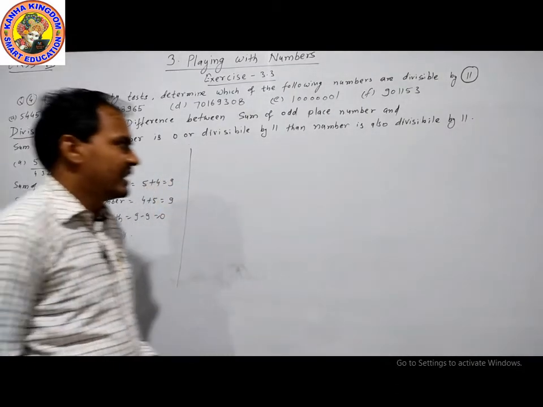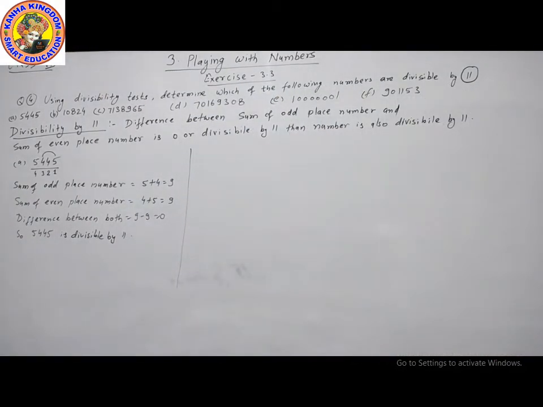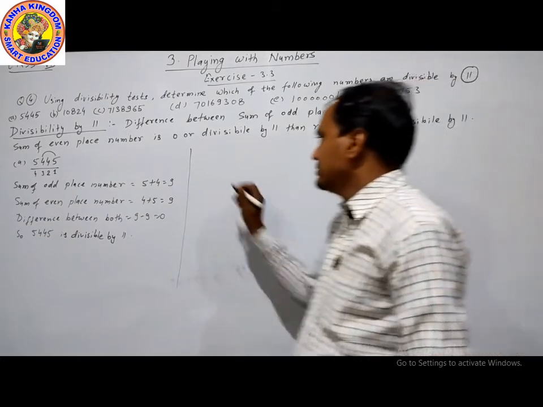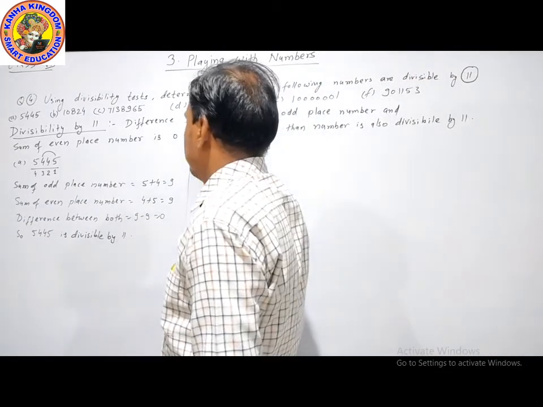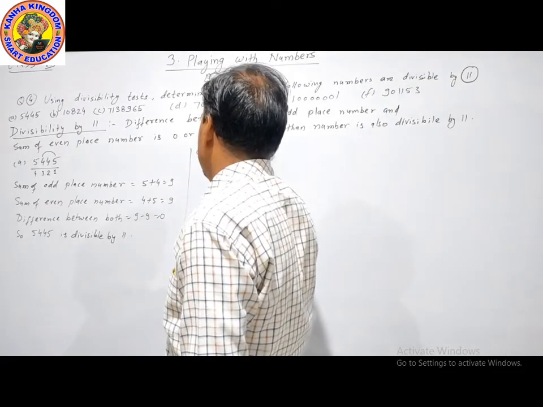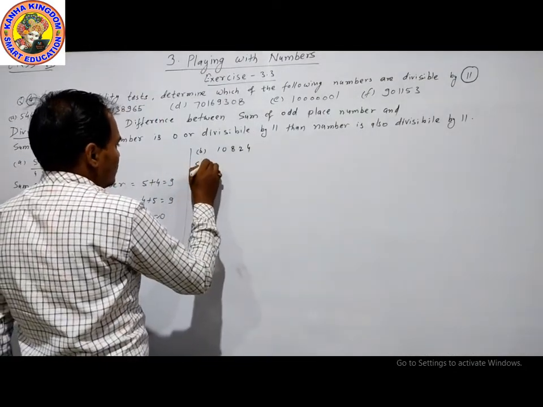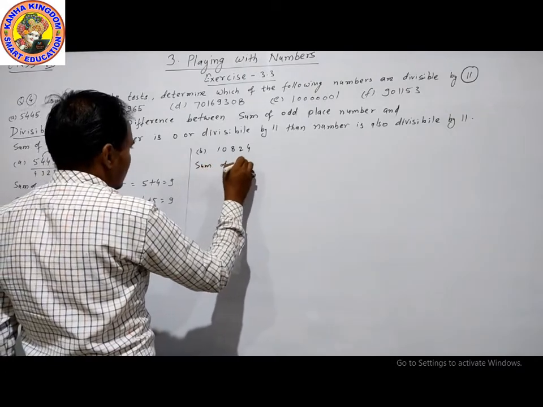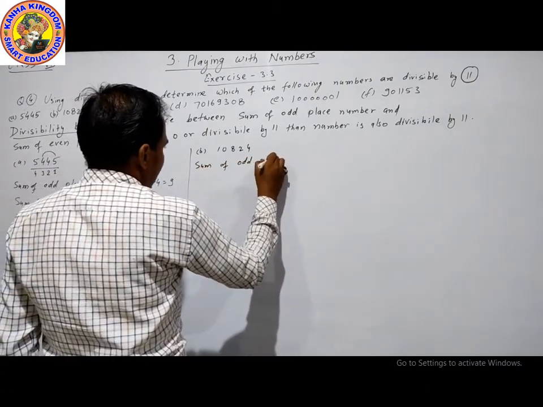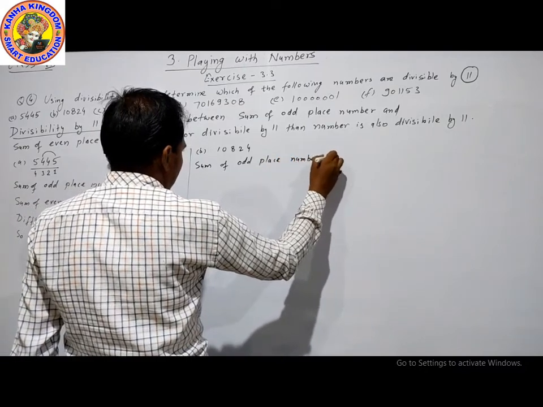Now I am taking the second question from this. B, 10824. Sum of odd place numbers.